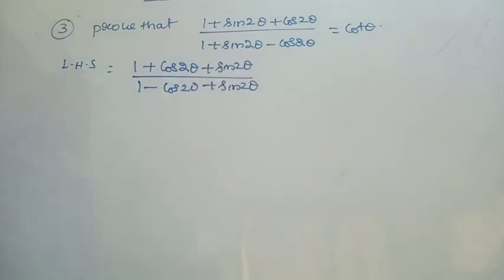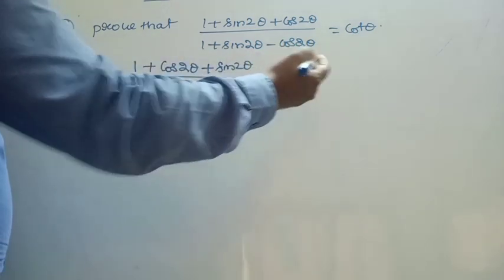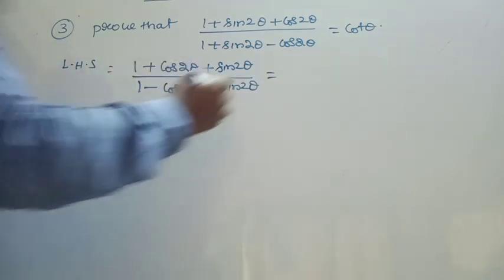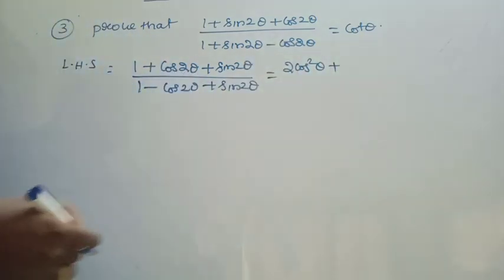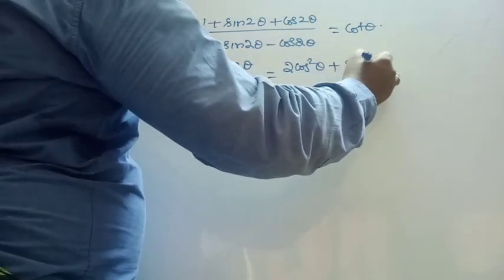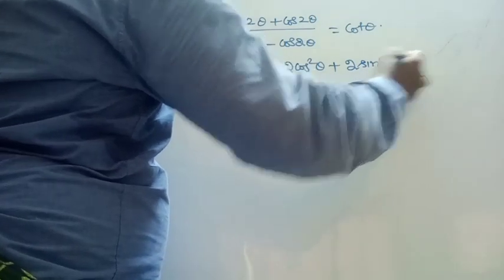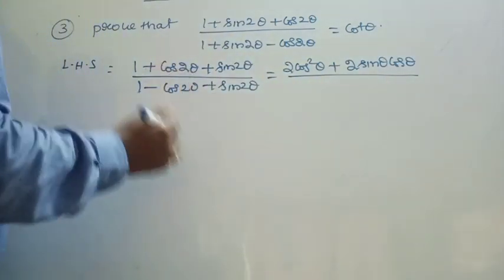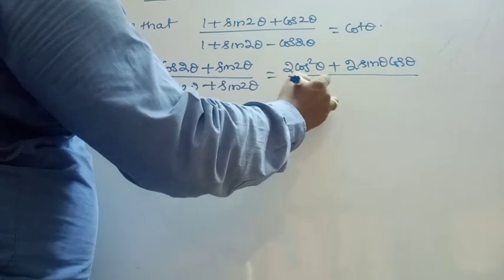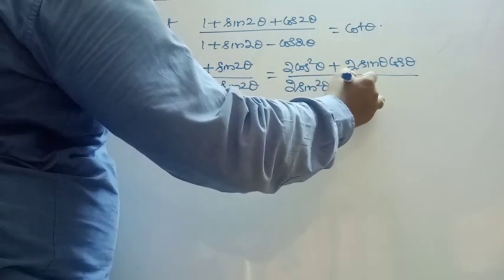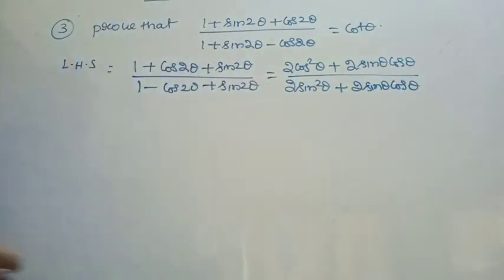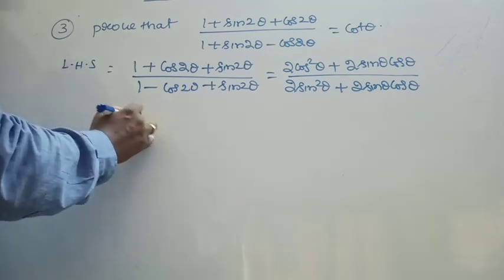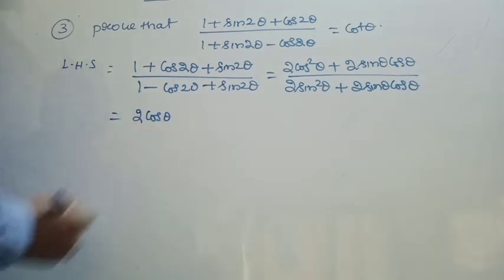Once you have got the things like this, now you know that 1 plus cos 2 theta is nothing but 2 cos square theta, plus sin 2 theta, which is 2 sin theta cos theta, whole thing divided by 1 minus cos 2 theta, which is 2 sin square theta, plus sin 2 theta, which is 2 sin theta cos theta. See, my dear students, in the numerator we can take 2 cos theta common.